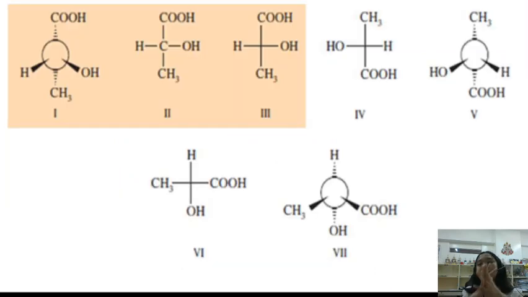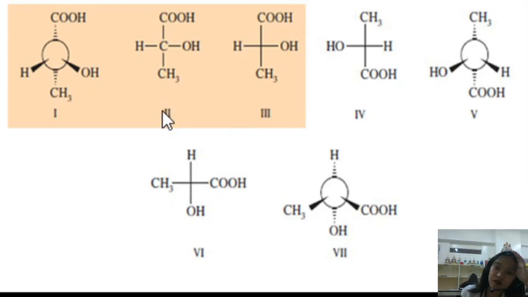So, ito yung summarization. Okay, so you have your original three-dimensional formula number 1 of the lactic acid. So, this is the number one form of lactic acid. Then, for formula number 2 and 3, you've turned it into a Fischer projection formula.